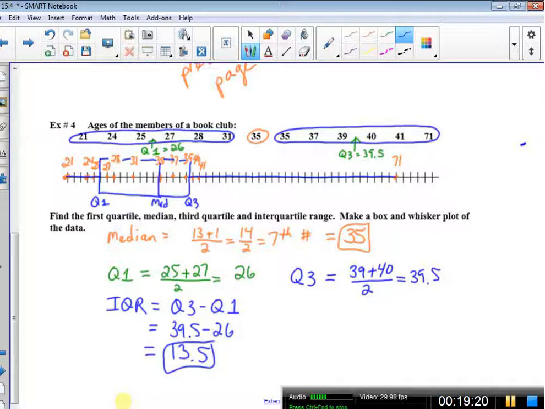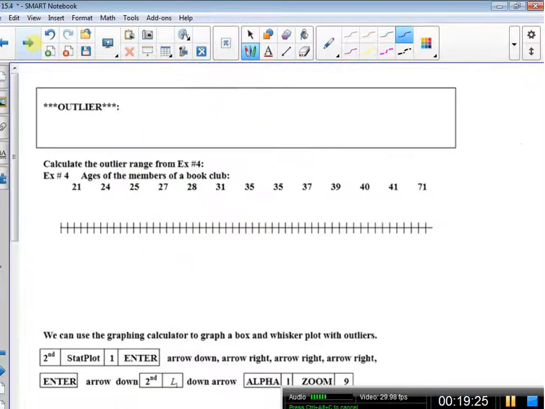We did all that. The 71 presents an interesting problem. It's an outlier. You can see that it's out there on its own.